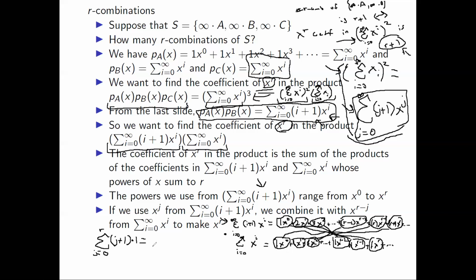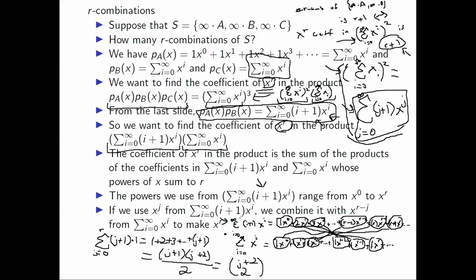So that sum, I can write it as 1 plus 2 plus 3 all the way up to j plus 1. And so we know how to evaluate that sum. We've done this sum a couple times, at least in class. So that's going to be j plus 1 times j plus 2 all over 2. Another way to write that is just as j plus 2 choose 2, which is interesting because on the previous slide, we saw j plus 1 choose 1.